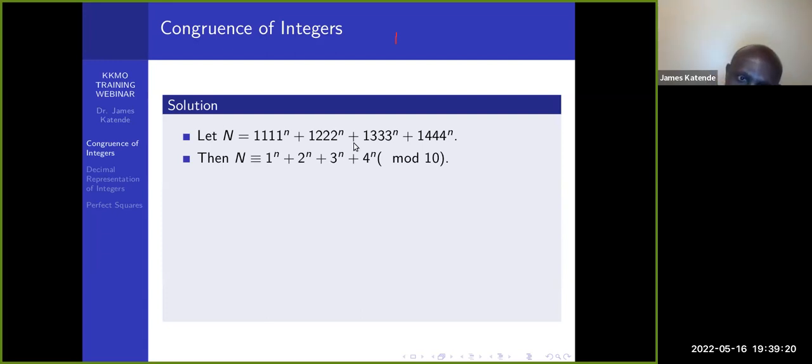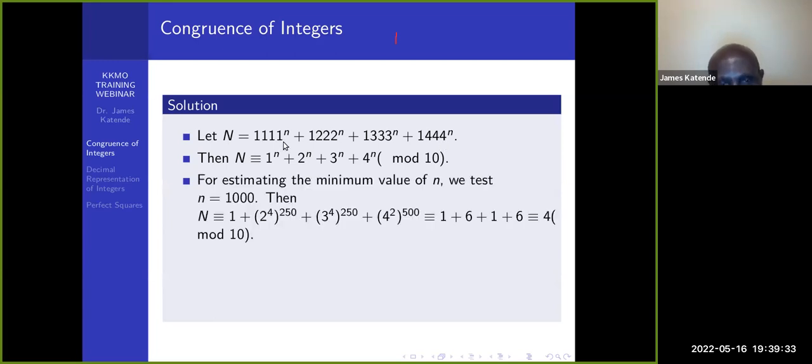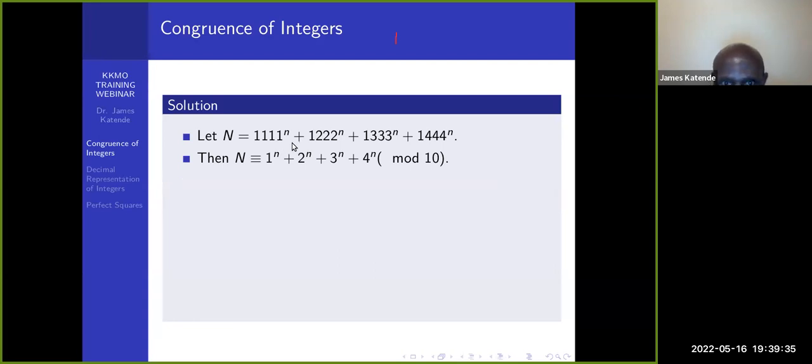Now we can get the last digit. The last digit of this sum will be the same as the last digit of the powers of the last digits of each of the numbers in the sum, right? If I want the last digit of this number, I just need the last digit of 1 raised to n. Remember that property that we stated earlier.